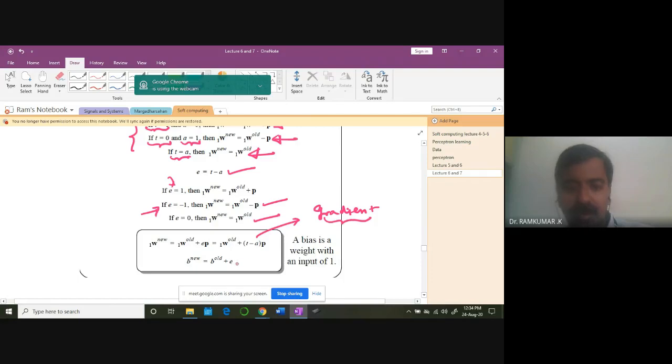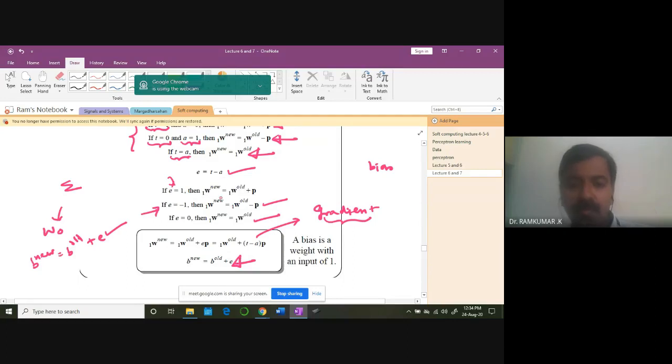Here, the bias, we have included as W naught in our previous case. Remember, the bias is also included. But in this case, we are going to use bias new is equal to old bias plus error, if you want to update the bias. In this problem the bias is not there, but if you want to update it, you need to work it out in the same manner.